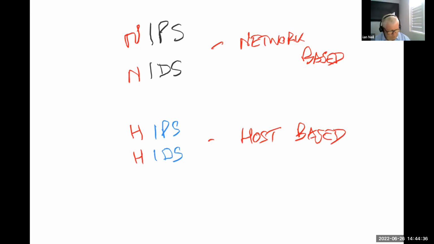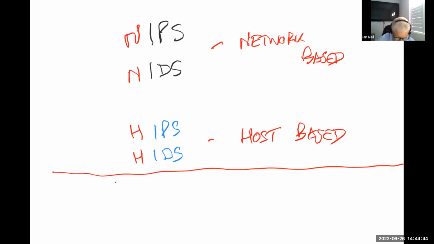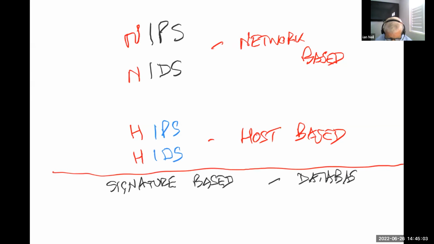Now, we've got a couple of different setups for each of these, and one is known as signature-based. So we get updates, and a signature-based update works on a database. Now, the problem you're going to get is you might update this every 7 to 14 days, so it may not keep you up to date.